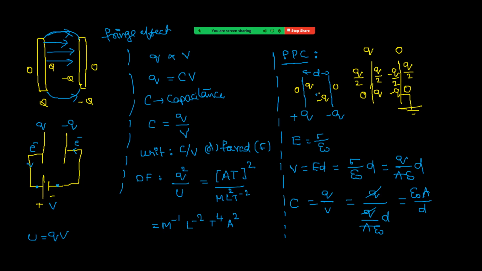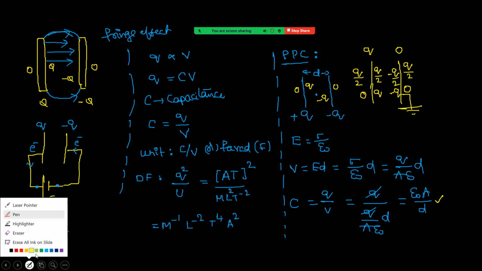In both cases, we have the same configuration 0, 0, Q, minus Q. So we get again the same result. So taking either like this or like this, it is completely our choice. Okay.